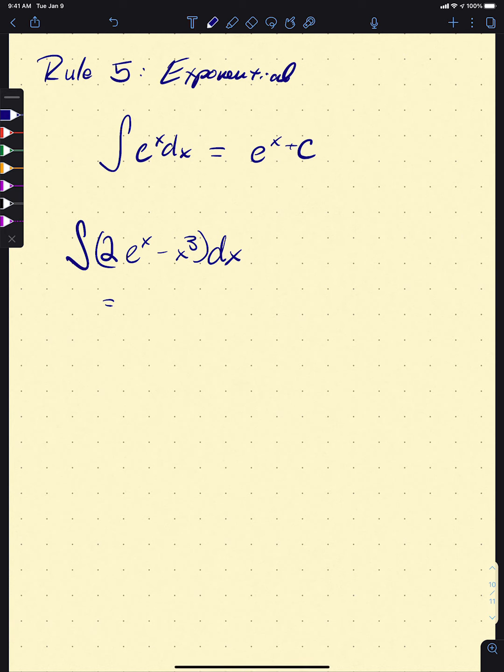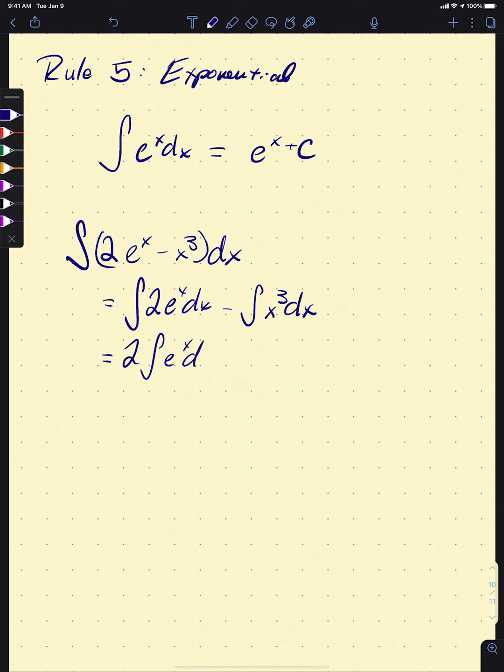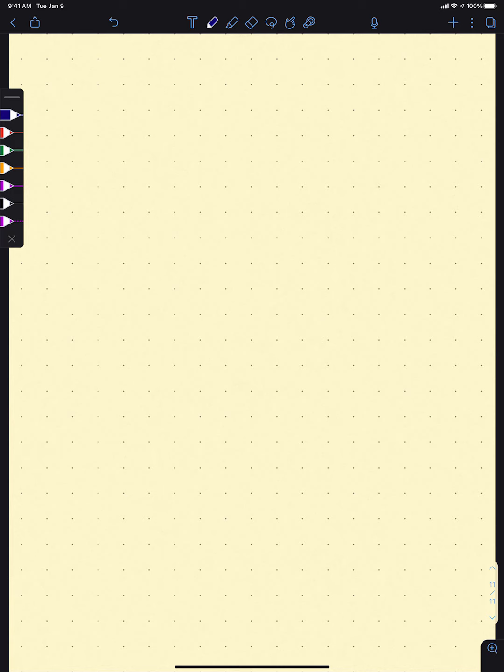We can split this linearly across to get the integral of 2e to the x dx minus x cubed dx, which is 2 times the antiderivative of e to the x minus the antiderivative of x cubed, and then from here 2e to the x minus 1/4 x to the fourth plus our constant c.